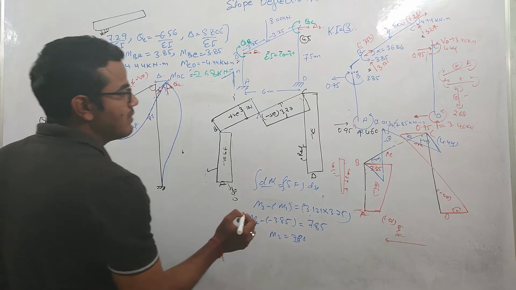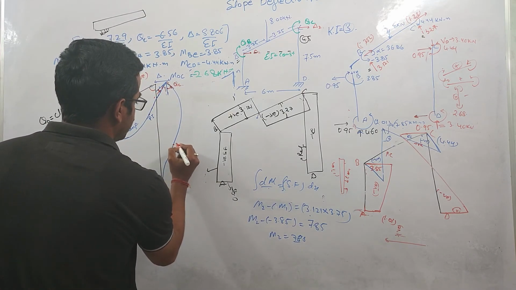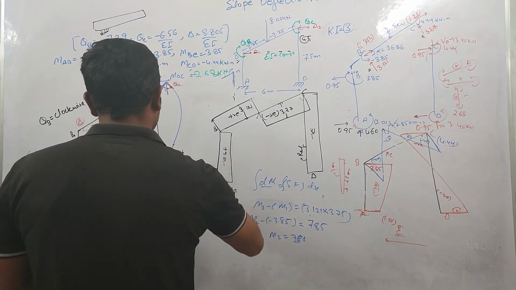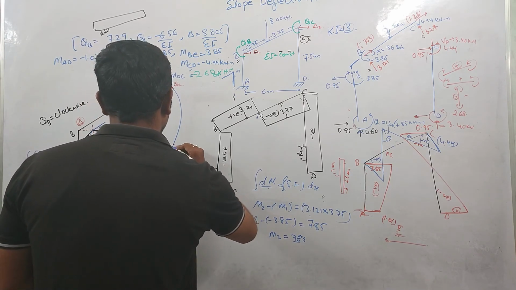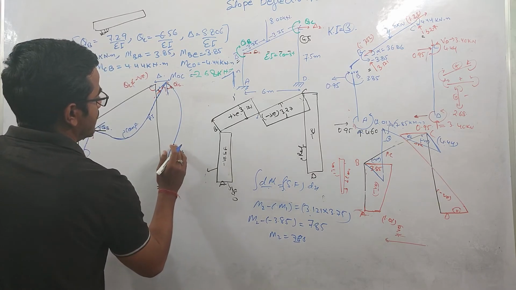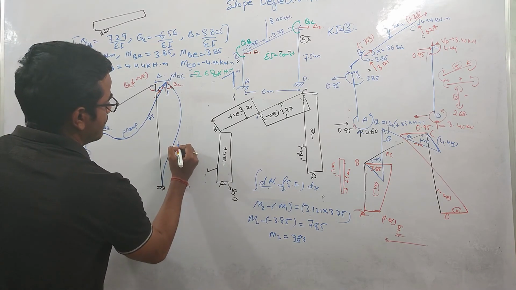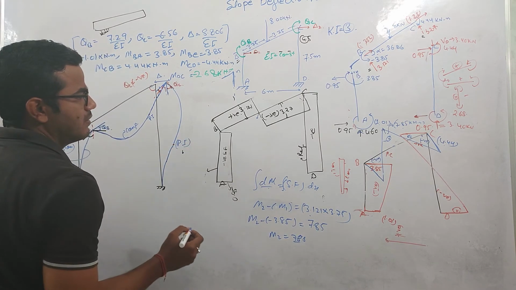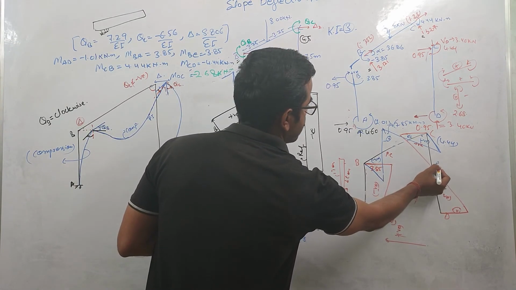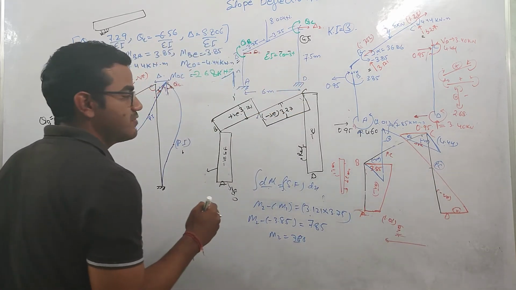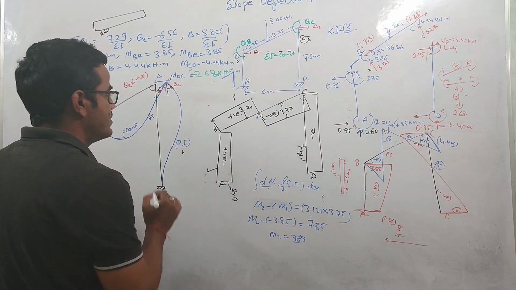Now here you can see that this is basically the point of inflection, which is similar to this point. This is the point of contraflexure, where the curvature is changing basically.